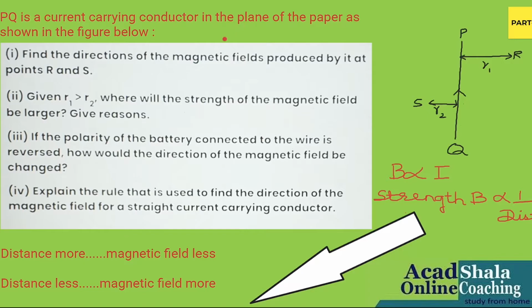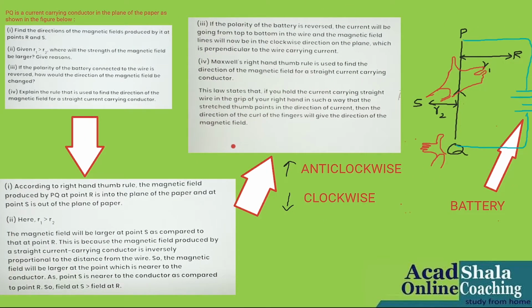So we are ready. That means we know the concepts about every part, and now we are going to answer them. Okay. Now, children, the first part which I told you: find the directions of the magnetic field produced by it at points R and S.